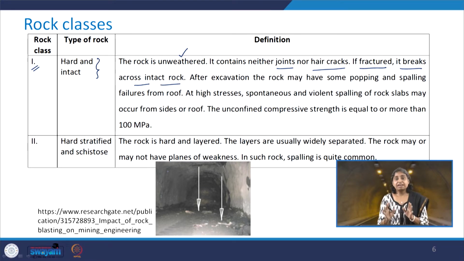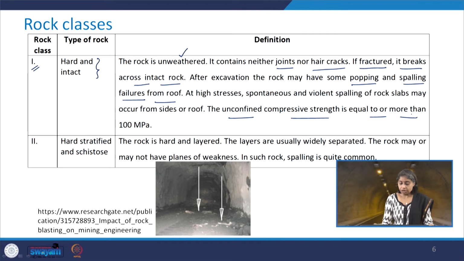Now, after the excavation, the rock may have some popping and spalling failure from the roof. At high stresses, there is going to be spontaneous and violent spalling of rock slabs, which may occur from the side walls of the excavation or maybe the roof. And in such a situation, the UCS value is equal to or more than 100 MPa.